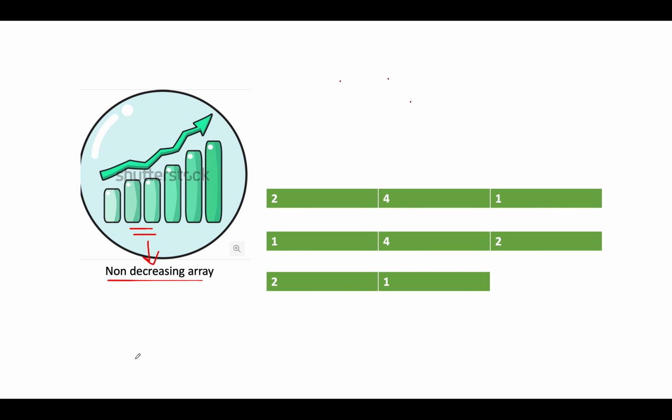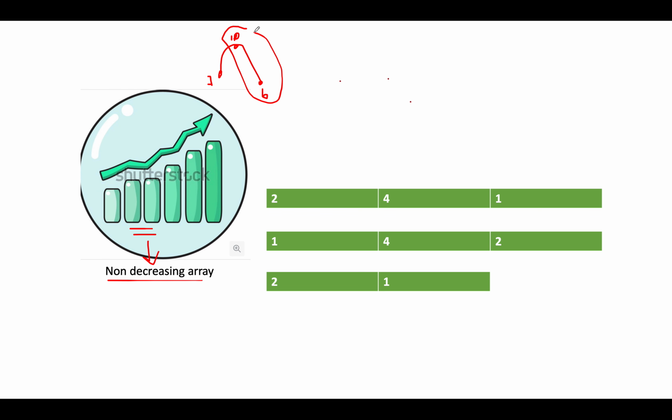In order to make the array non-decreasing, we need to perform modifications in the input array. And what will be those points of modification? Whenever you see a decreasing trend, a downhill kind of a situation. Let's assume we have 3 points, something like this: 7, 10 and 6. This is one such situation where you need to update the values such that the decreasing trend is lost in the input array.